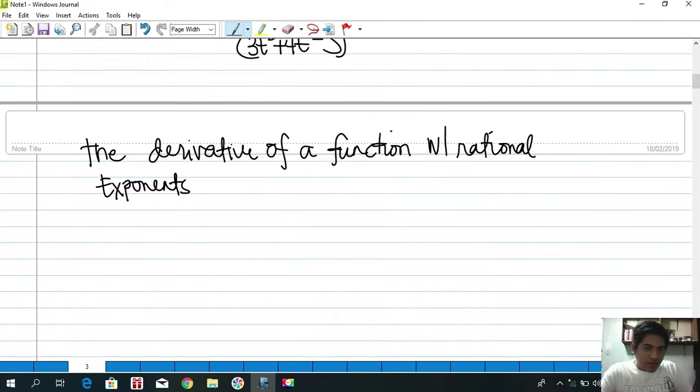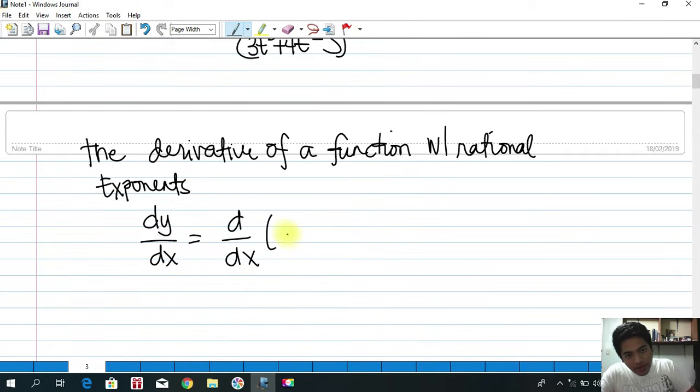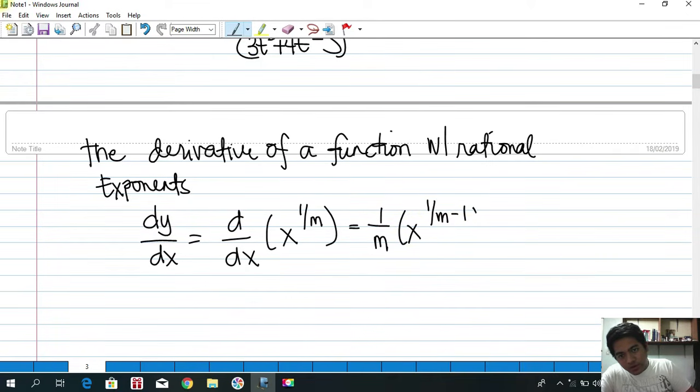So in order for us to get the derivative of a function with rational exponent, we have the formula dy over dx is equal to d over dx of x raised to 1 over m, okay? And that is equal to, simply by power formula, 1 over m times x raised to 1 over m minus 1, and that shall be our formula.